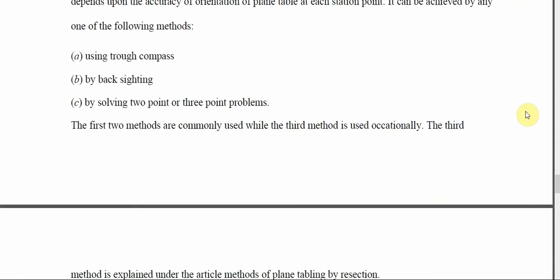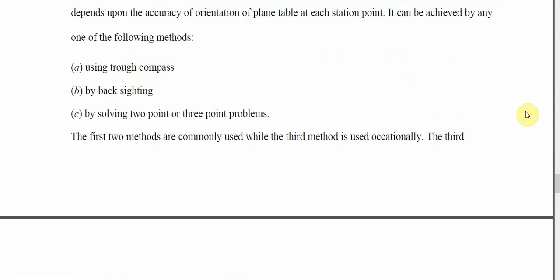For orientation, there are two most commonly used methods. One is using a trough compass, the other one is using backsight. So these were the things from the previous class. Let us continue with today's class.